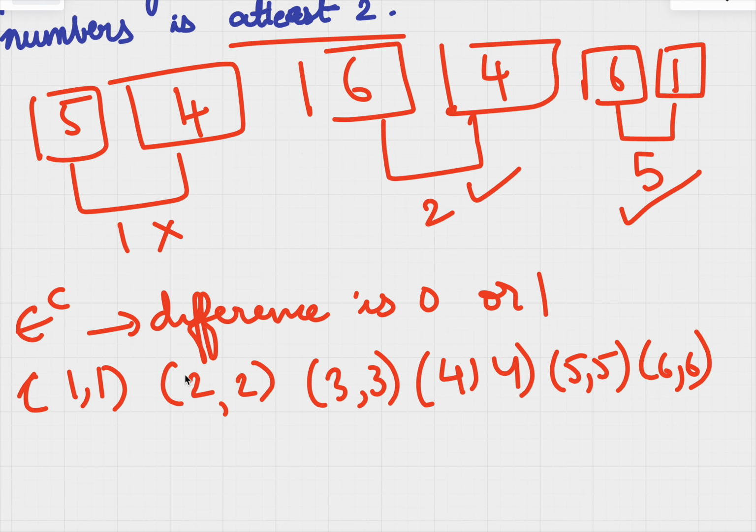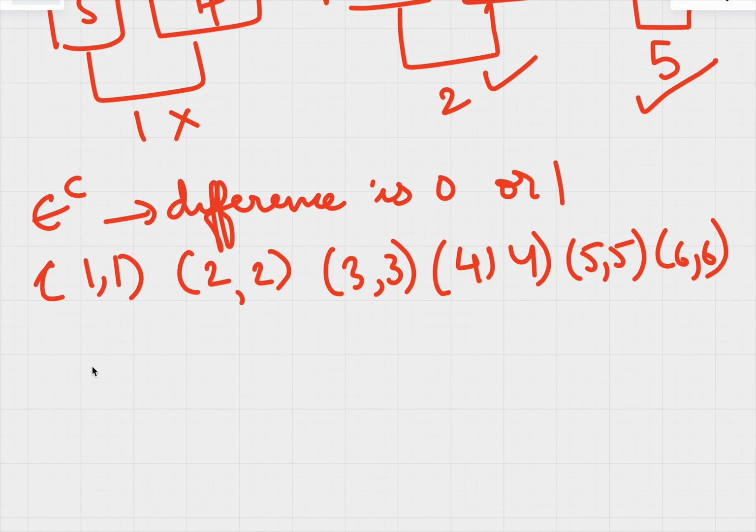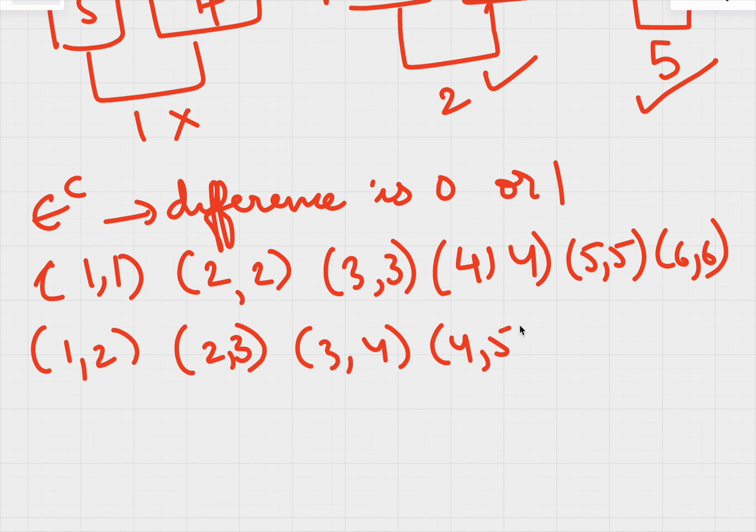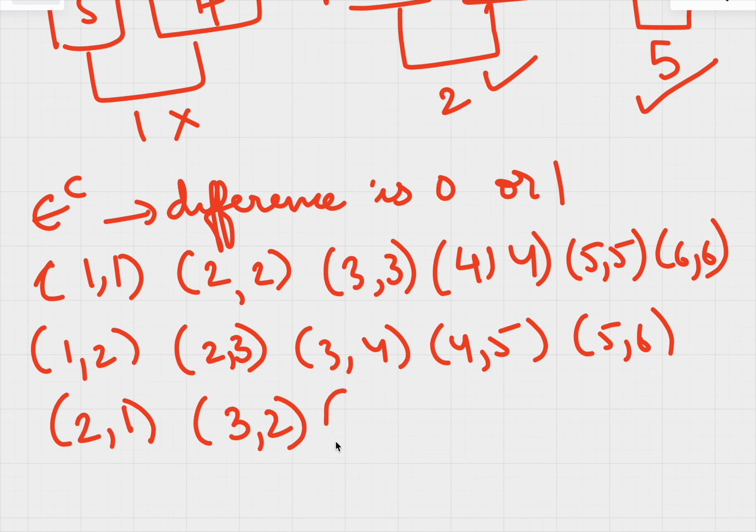Now what are the cases where the difference is 1? 1, 2, 2, 3, 3, 4, 4, 5, 5, 6. Then again 2, 1. Then we have 3, 2, 4, 3, 5, 4, 6, 5.